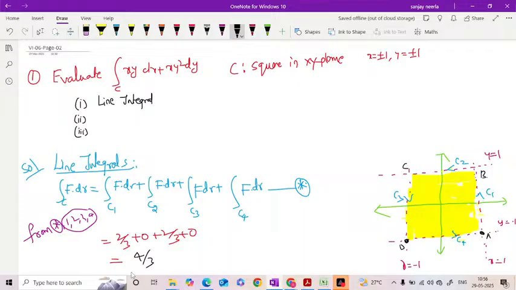Now the same problem we will solve by using Green's theorem. So evaluate by using Green's theorem. What is the statement of Green's theorem?